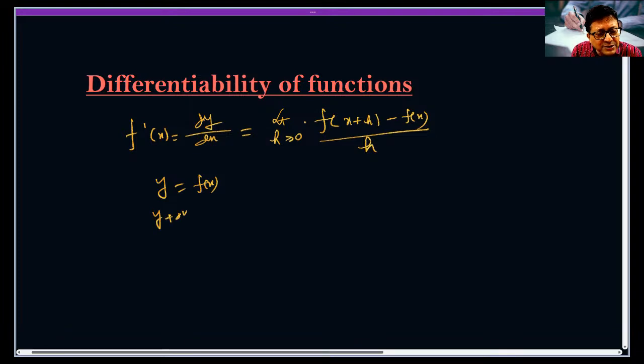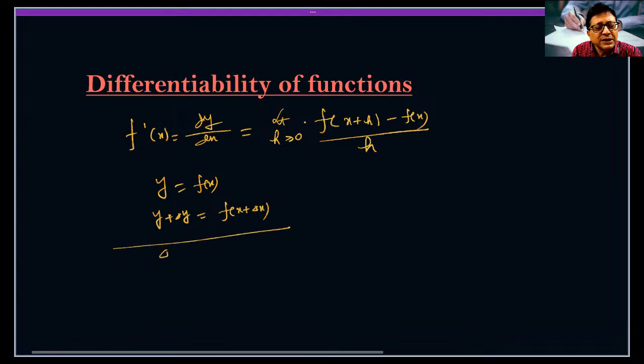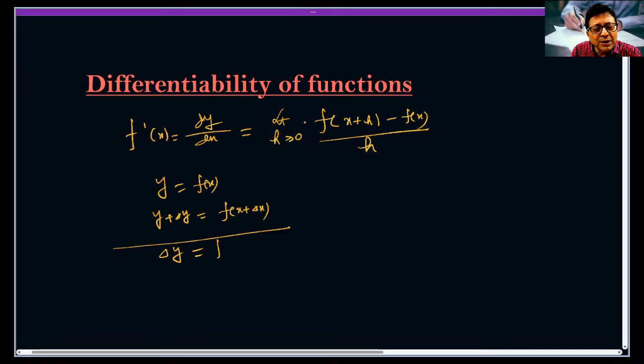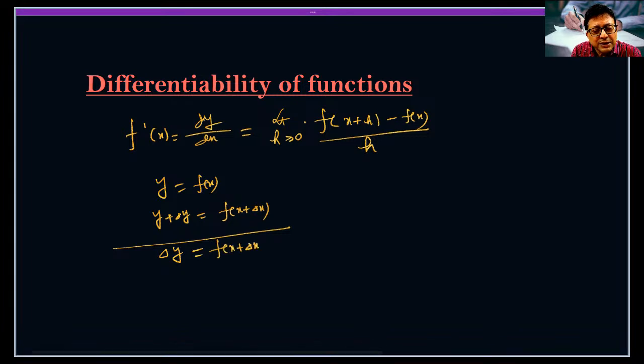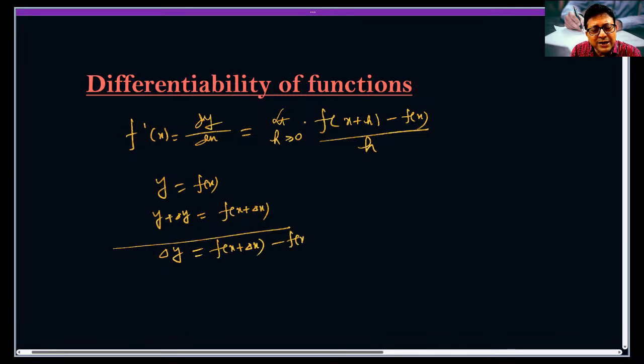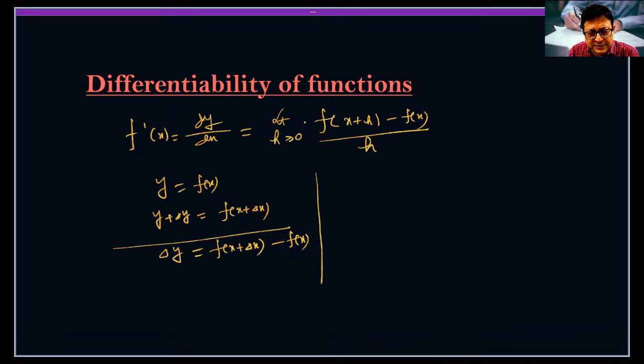Geometrically this represents, if I have taken the function y equal to f of x, and y plus delta y is f of x plus delta x, then you know delta y is f of x plus delta x minus f of x.